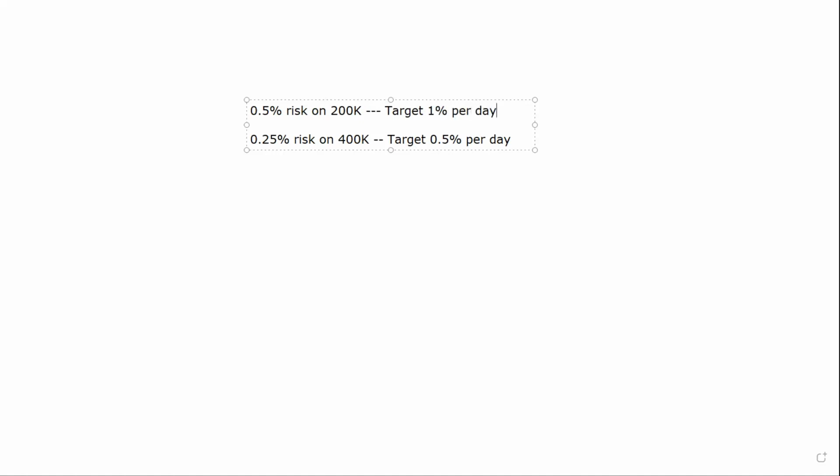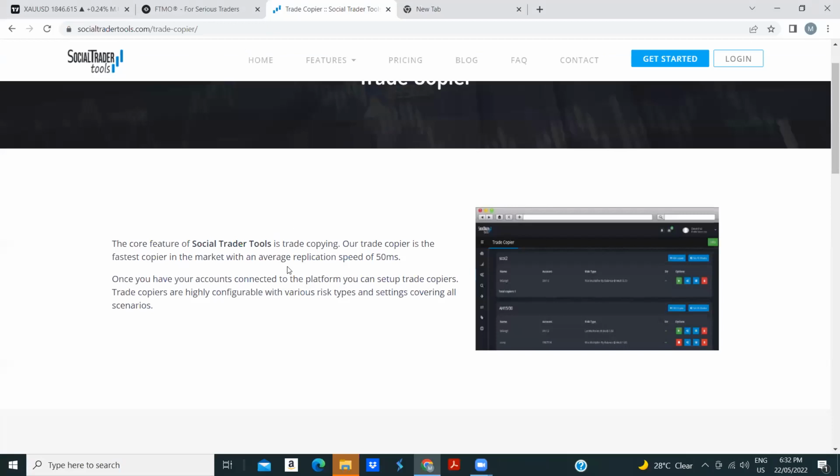So what I need to say, if you go for just this one 200K account and then join it by trade copier, you connect these two accounts by trade copier, you're going to reduce your risk massively.